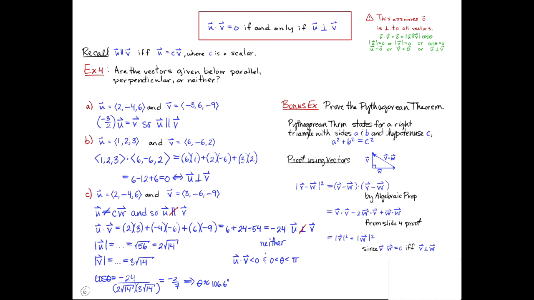So if theta is restricted between 0 and pi, a negative cosine theta is only going to happen if our dot product is less than 0, and that's only going to happen if the angle between u and v is obtuse.